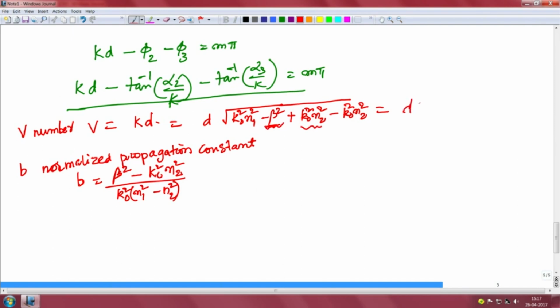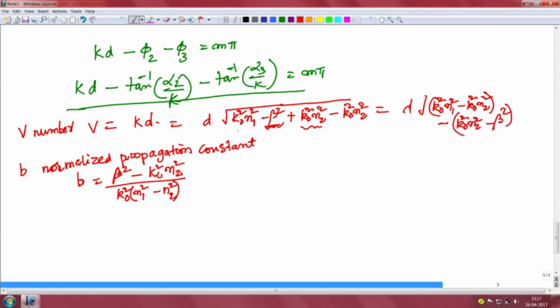I can get the square root of k0 square n1 square minus k0 square n2 square as one term, minus k0 square n2 square minus beta square as the second term.